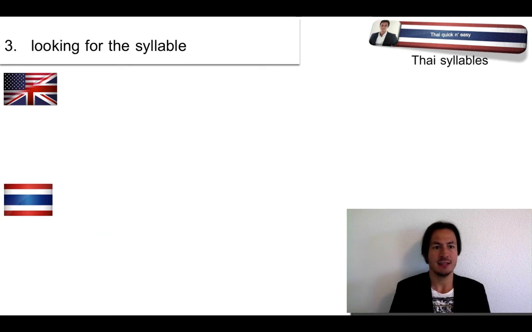And you have to look for the whole syllable. So in English, let's take a consonant here, the P. We know that if there is a vowel following the P when you speak or read, it appears on the right-hand side of the P.